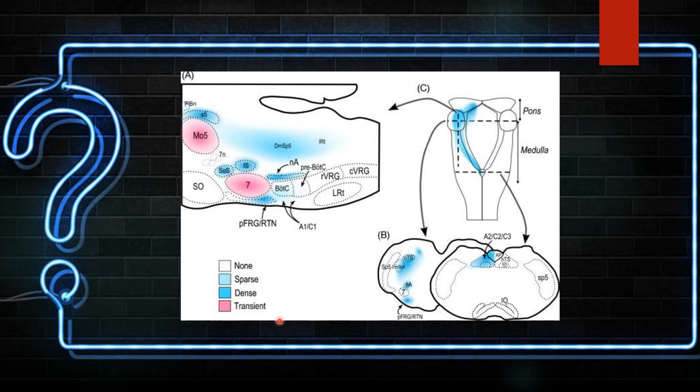This is your image number 4. It's a bit difficult, but if you have got the prior 3 correct, this one will be a cakewalk. They are showing expression of something which is required for this region of the pons and medulla to function.